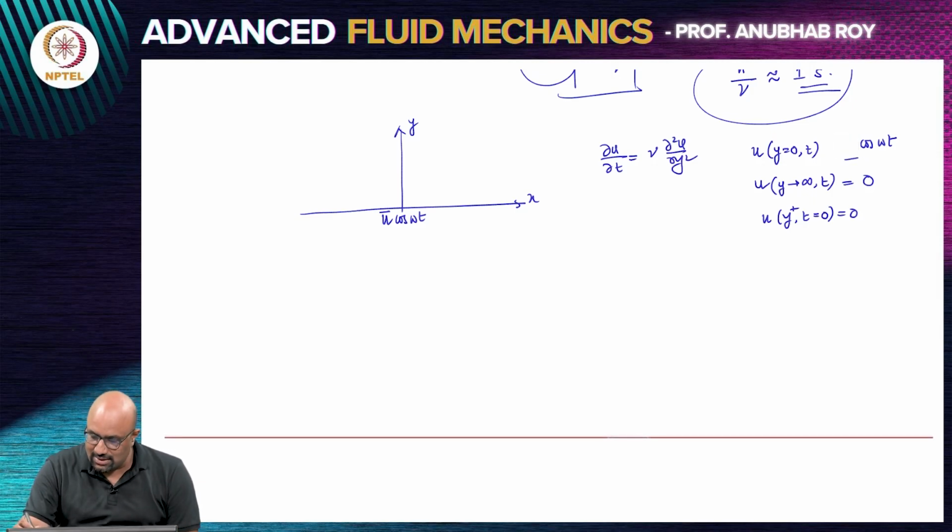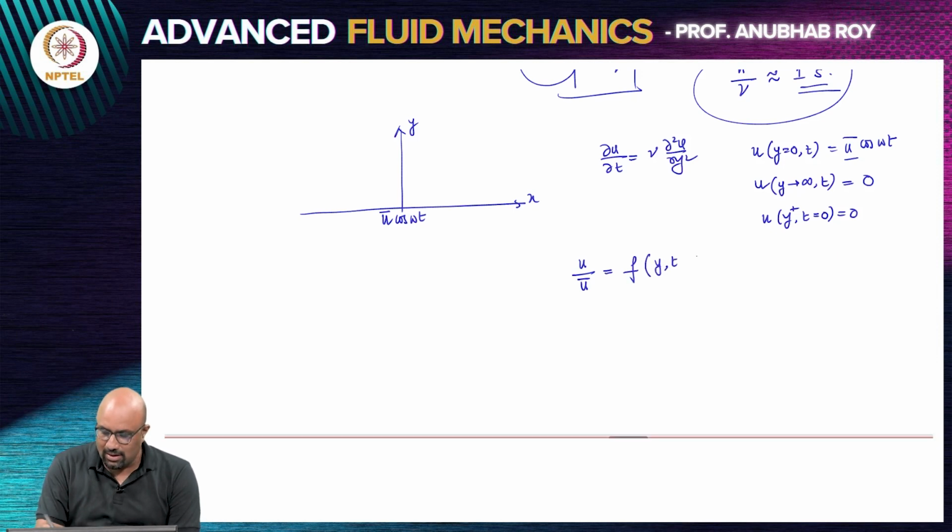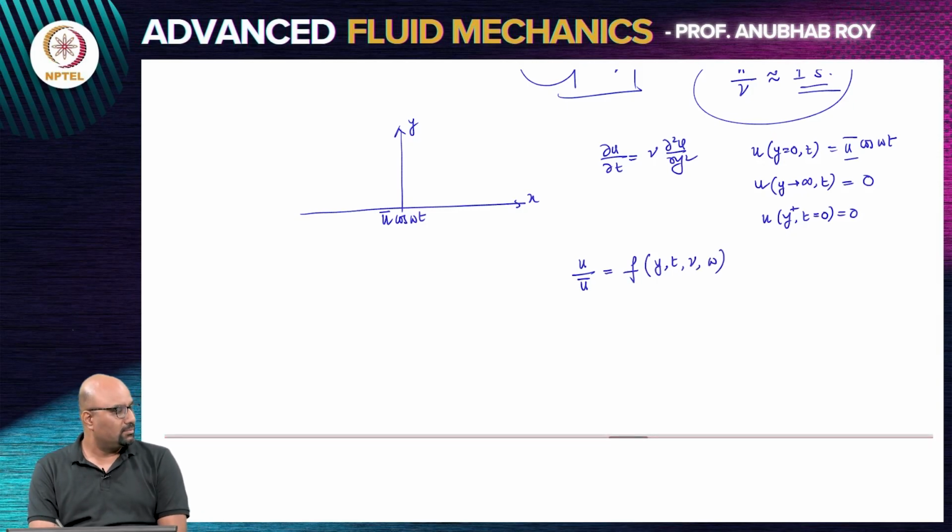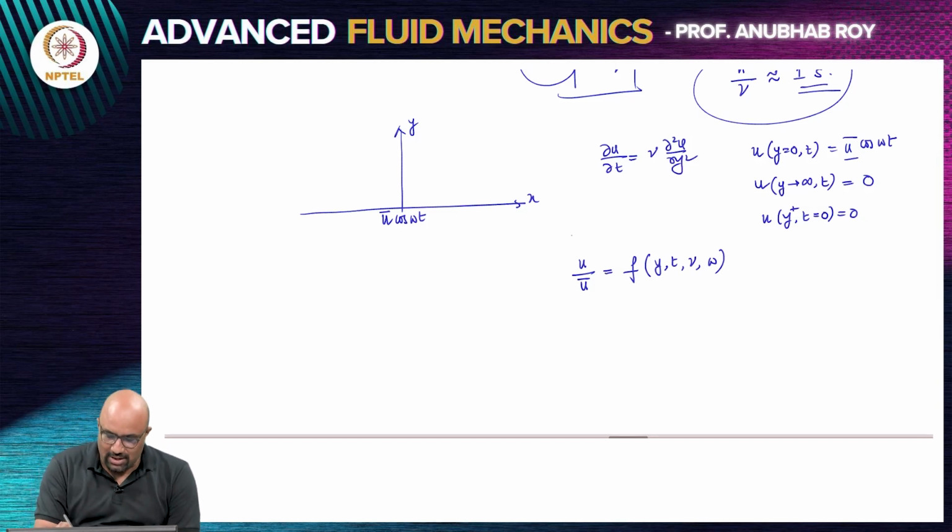So that tells us that u by u bar is a function of y, t, nu and omega. There is no x in the problem, because if you do a classical dimensional analysis for this, dimensional analysis will tell you that u is a function of u bar, y, t, nu and omega.